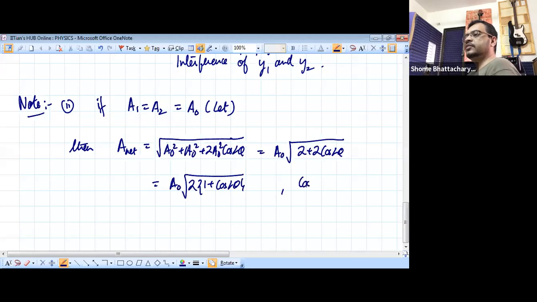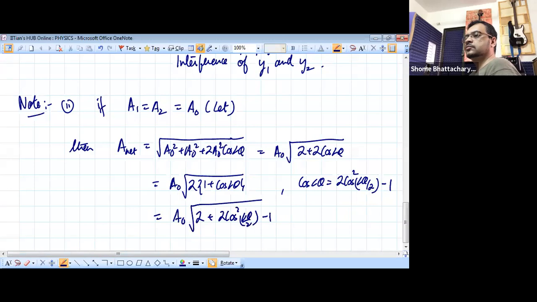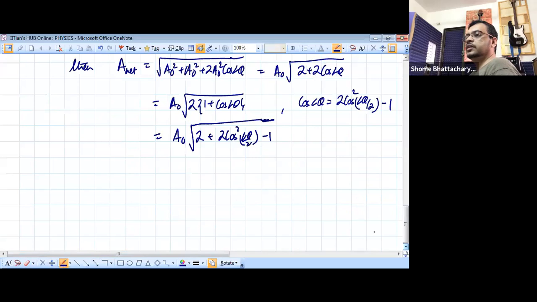Now cos delta phi can be written as 2 cos square delta phi by 2 minus 1. So using that half angle identity over here, finally you get a very convenient formula.